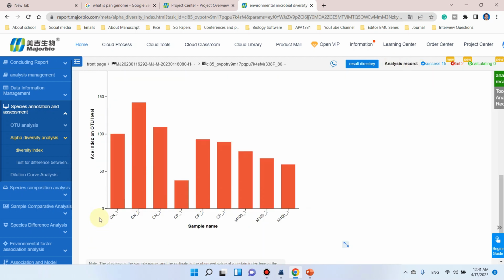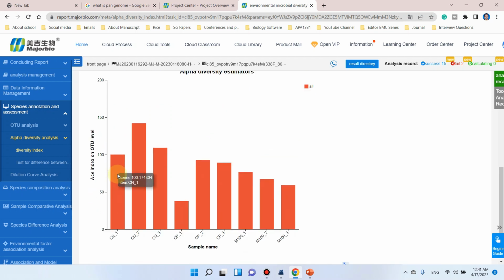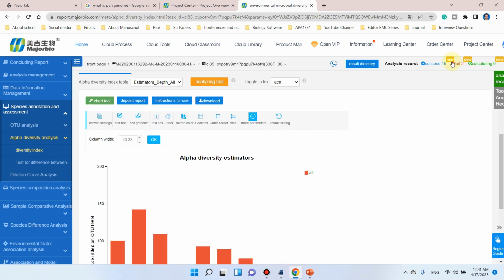But if you are comparing the control negative 1 diversity with others, that would be called beta diversity. So if you are comparing within a sample, only looking at what is present within this control negative, it would be called alpha diversity. But if you are comparing the diversity present in control 1 with control positive 1, it would come under the heading of beta diversity.